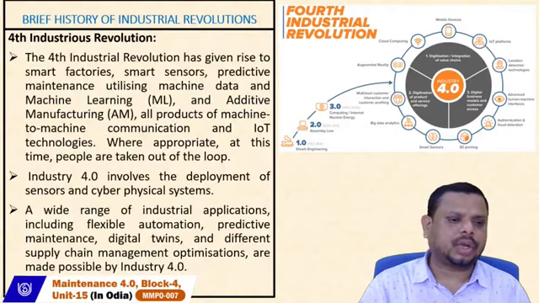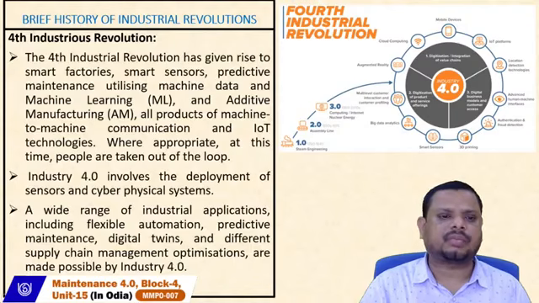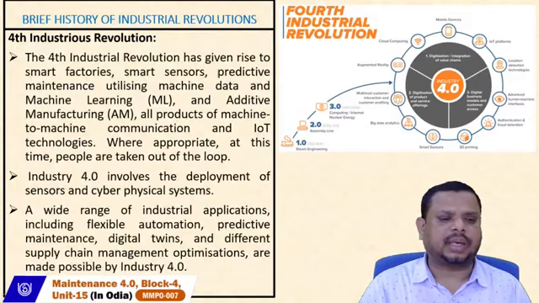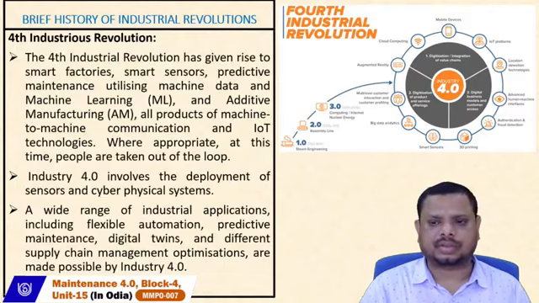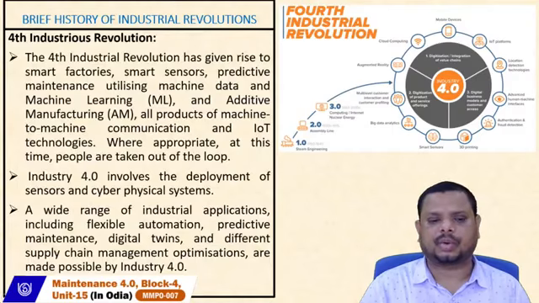So Industry 4.0 involves the deployment of various sensors and cyber-physical systems. That means with the help of information technology, you will connect various machines and equipment in manufacturing industries. The third point is a wide range of industrial applications, including flexible automation. And the next are predictive maintenance, digital twins, and different supply chain optimizations, which are made possible by Industry 4.0.